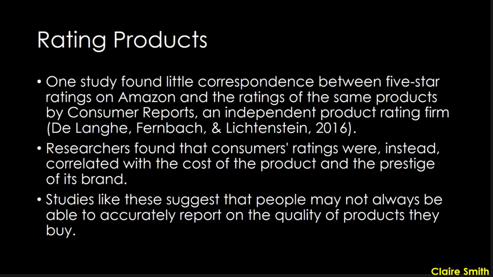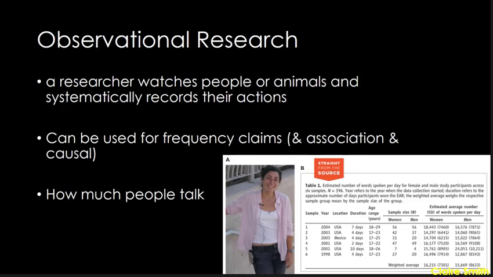Okay, so another thing that you need to look out for. So self-reports, surveys, and questionnaires are obviously good tools, but another tool we can use to gather data is observational research, which we've already talked about a little bit.